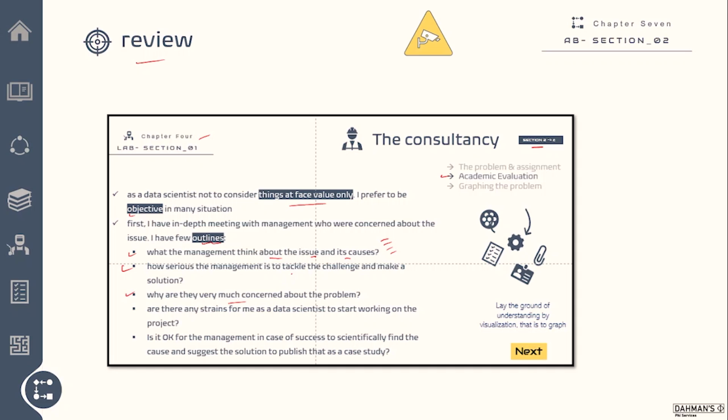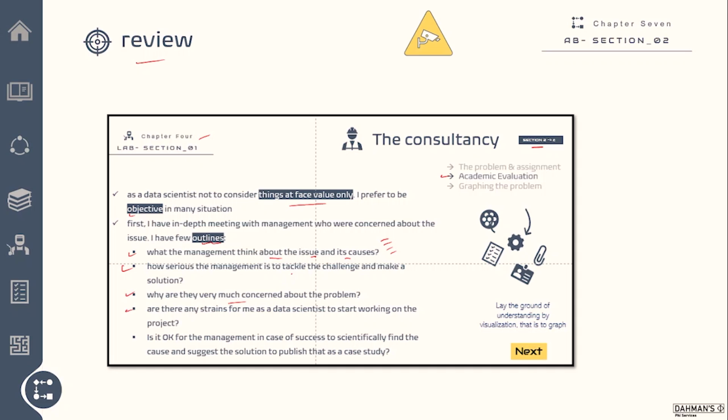But the project has daily costs, of course, and who actually covers those costs is the taxpayer. So in this case, taxpayers expect to have a good result from such a project. Otherwise, it will be a failure and is going to be kind of a waste. So the management is really concerned to tackle the issue soon before it goes out of control.